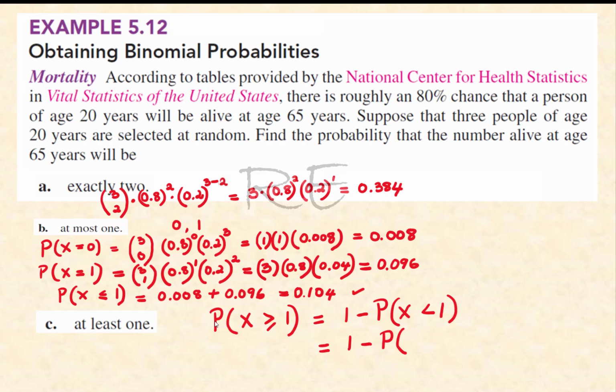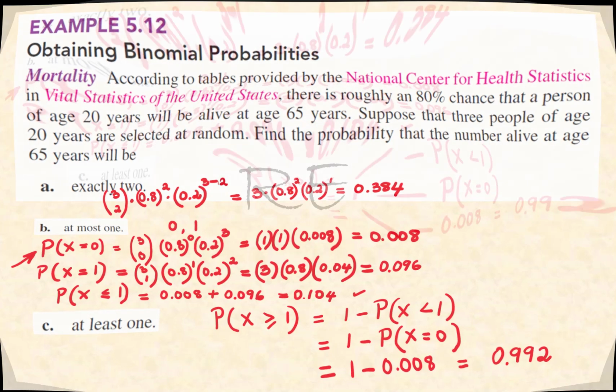And P of X strictly less than 1 is just P of X equal to 0, which is 0.008. Therefore, P of X greater than or equal to 1 is equal to 0.992.